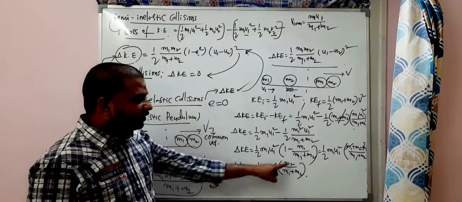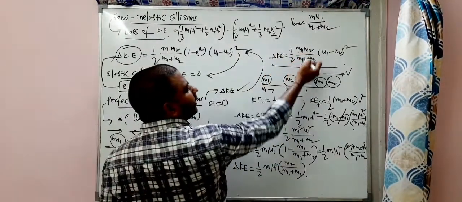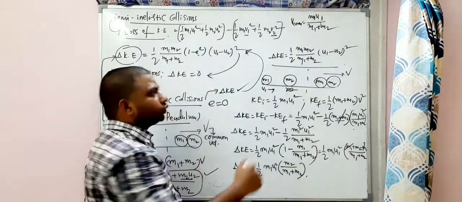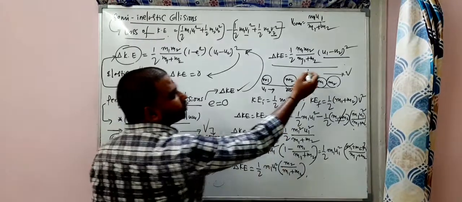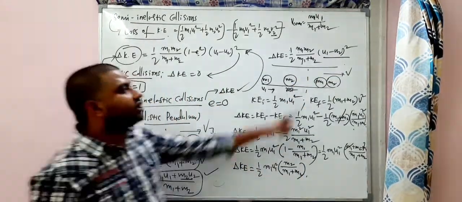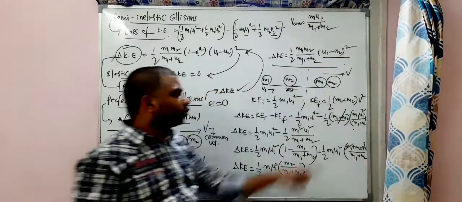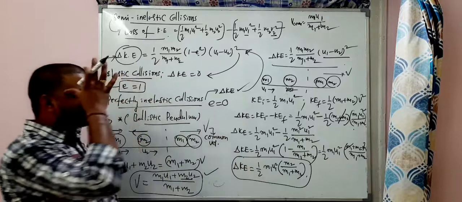Half m1 m2 by m1 plus m2. Look, half m1 m2 by m1 plus m2 into u1 minus u2 whole square. u1 minus u2 whole square, and u2 is 0. So that is why we have got u1. Understand? u1 minus 0 whole square is u1 square. So we have got the loss of kinetic energy is the same.